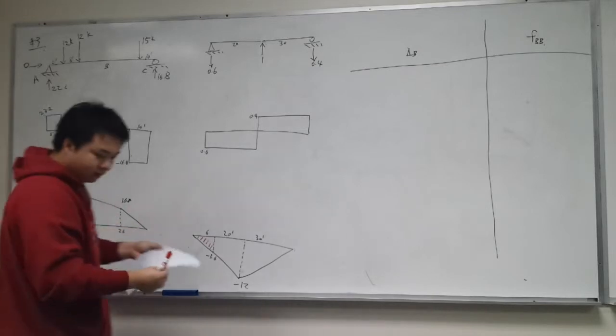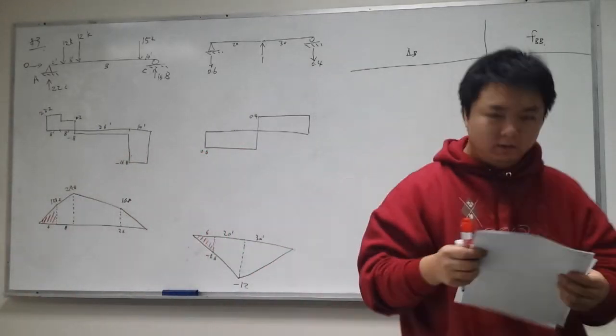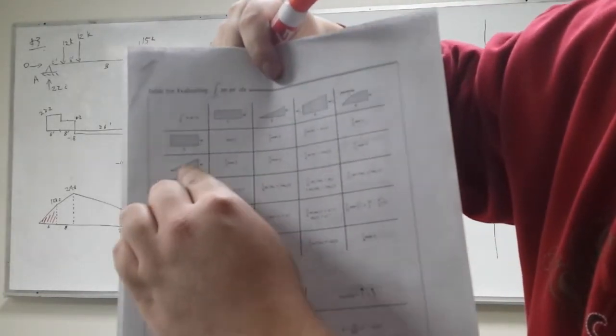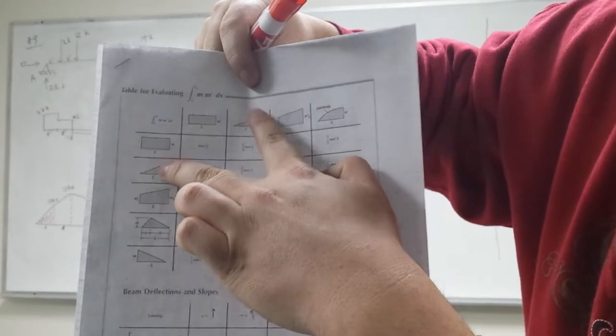So you compare this triangle to this triangle. This to this. So you go to the table. Triangle, triangle. So you come to here.